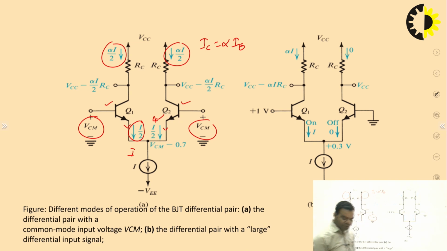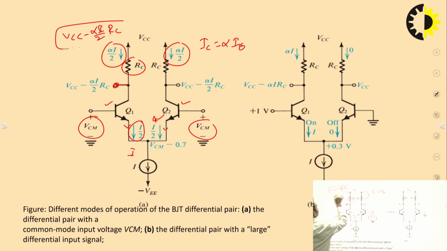And the voltage drop across this resistor RC will be equal to RC into alpha I by 2. So the voltage at this point will be VCC minus the drop across resistor RC, that will be alpha I by 2 into RC. So this is VCC minus alpha I by 2 RC.